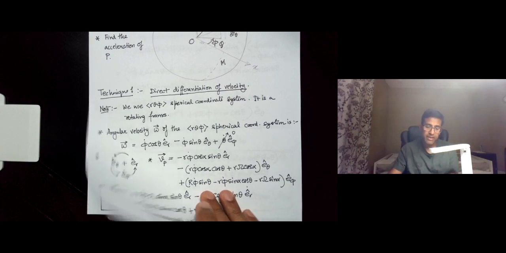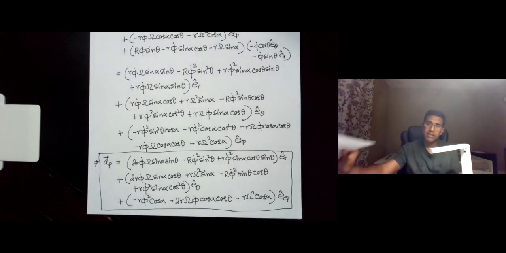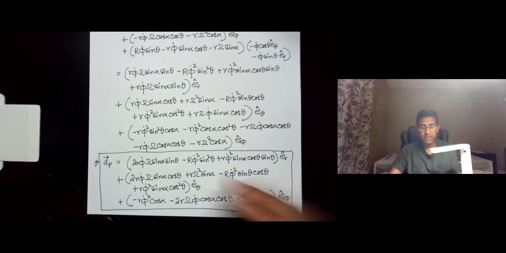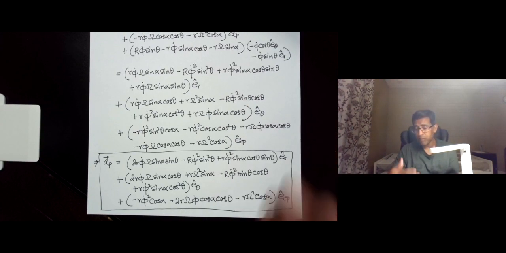Other than that, the direct differentiation method is quite straightforward. It can be tedious because, as we saw over here, we have to be very careful about taking the derivative of all different terms that are varying with respect to time, and we have to be careful about taking the derivatives of the unit vectors.